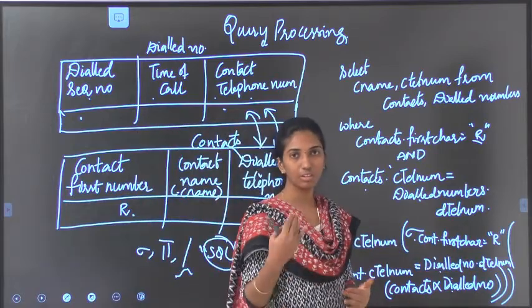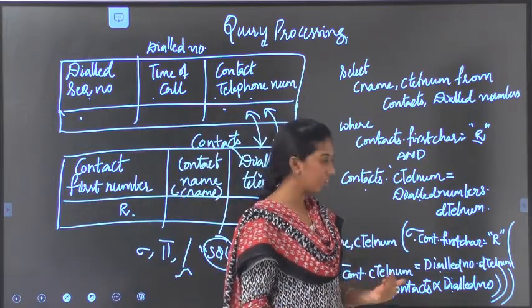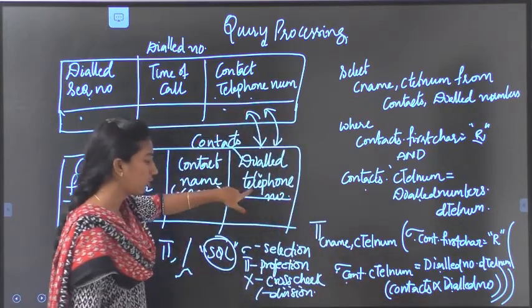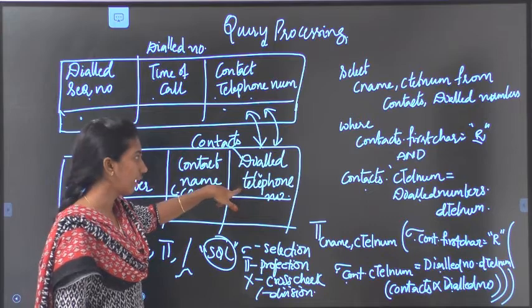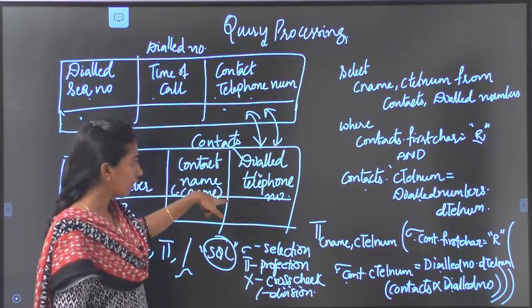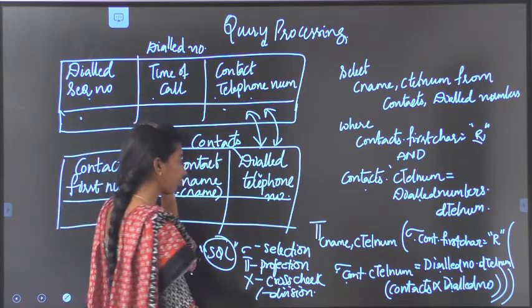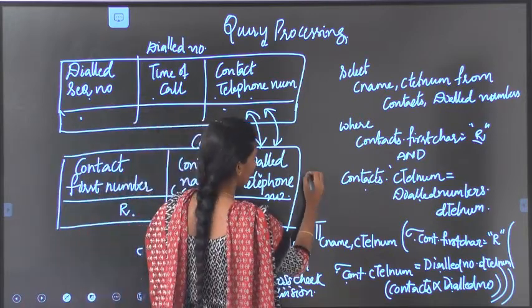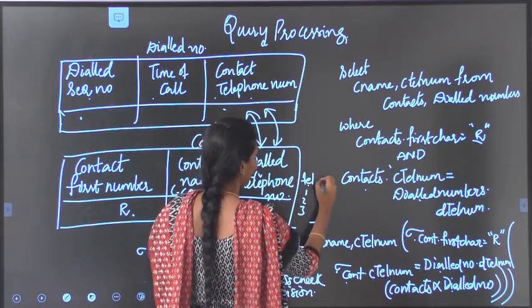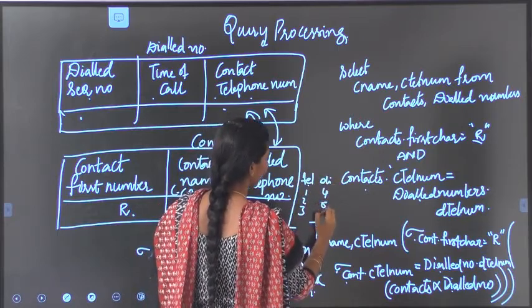And what is next? What should be my condition? Sigma contact dot tel num equal to dial numbers dot tel num. If I do this equality operation, what does it do? Say I have some telephone numbers as 1, 2, 3, and dial numbers as 4, 5, and 6.